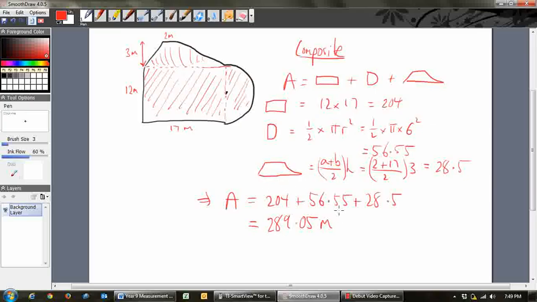It's an area, which is 2-dimensional, so it must be 289 meters squared. There's your answer. Have fun.